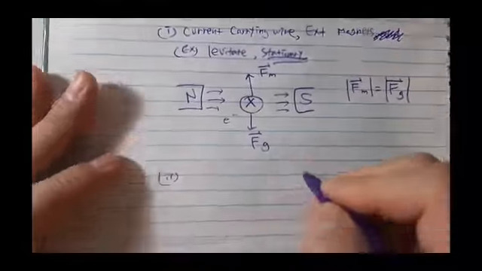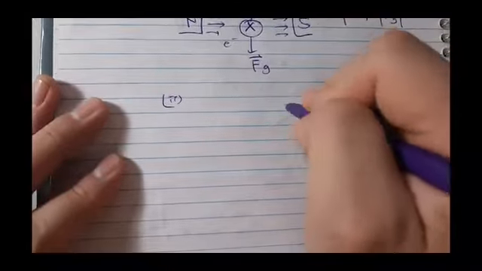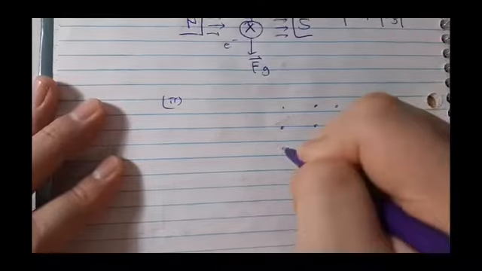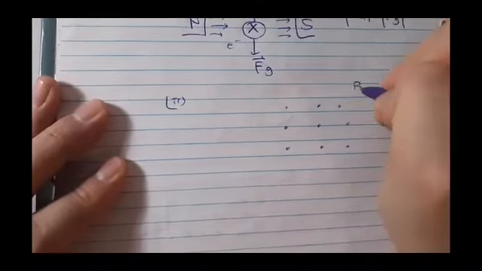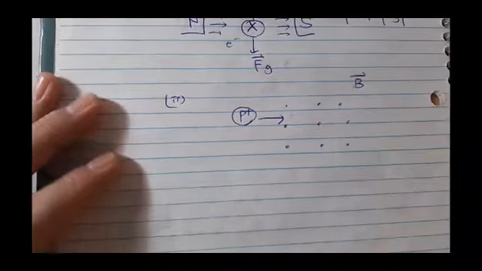Second situation is more unique. We need to think more three-dimensionally this time. Let's say my magnetic field by external magnets is going out of the page. And let's say a proton is going into this field right now. Then you need to understand that my right hand is what I need to use.